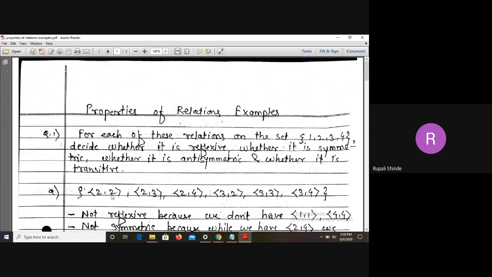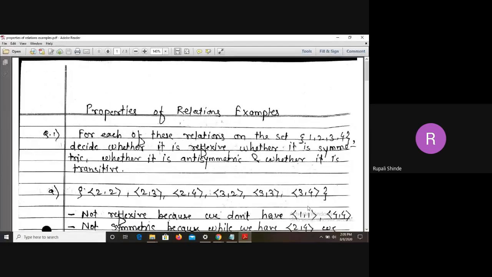Now check whether this one is a symmetric. Symmetric property, right? If there is any order pair 2, 3, then 3, 2 must be there in our relation S. For this 2, 3, 3, 2 is present. But if you consider 2, 4, now check whether 4, 2 is here.